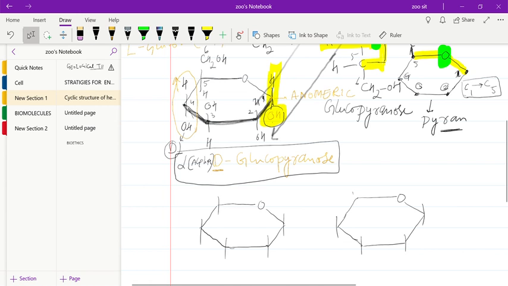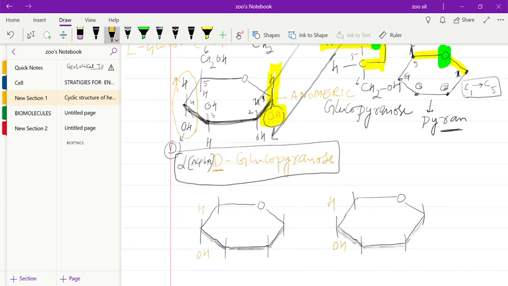Again, the same structure. So this is the H and OH for D and L configuration. This is the H and OH for D and L configuration.